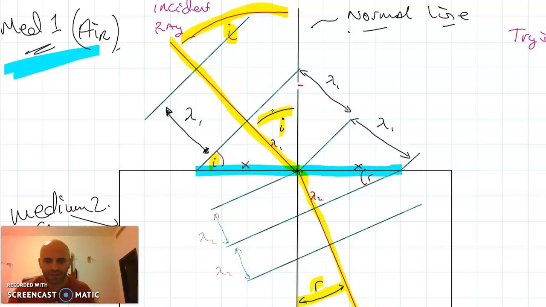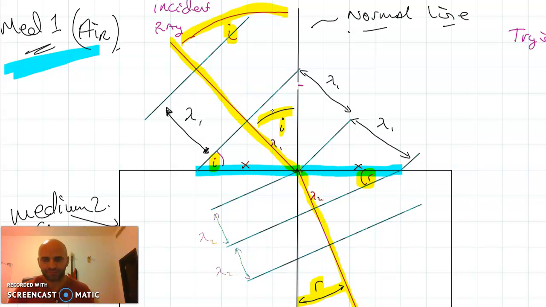So it turns out that this one has to be the incident angle as well, okay? And by the same logic, the wavefront is drawn at 90 degrees to the refracted ray, so this one is also the refracted angle. Okay, so the refracted angle is here and here, and you can see the two angles are pretty much the same anyway.